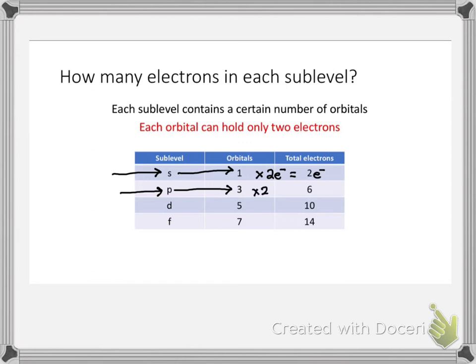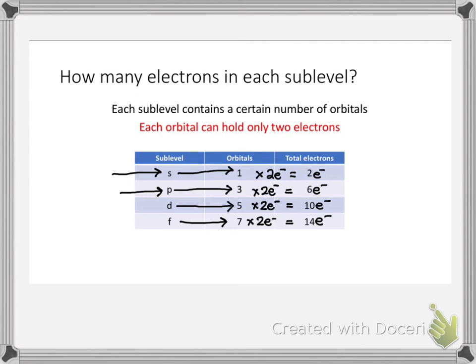Each one can hold 2 electrons. So a sublevel that has the P orbitals can hold a maximum of 6 electrons. The D's, it goes up by odd numbers, remember. D's have 5 possible orbitals. That can give you 10 electrons. And F's have 7 possible orbitals, so they can have 14 maximum.